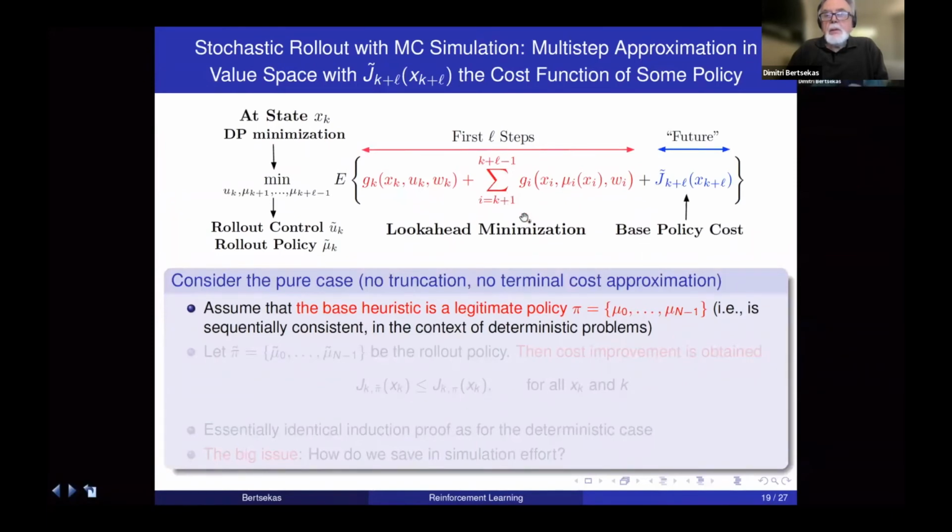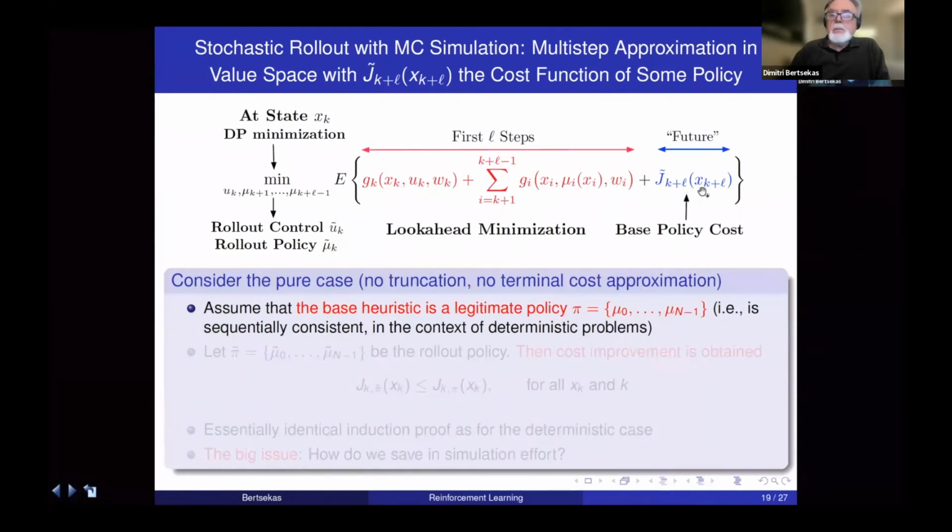If you use Monte Carlo simulation also, it's not only this expectation over this expression here that you are considering, but also you can calculate the cost of the base policy from the final state of this look ahead, by simulation again.